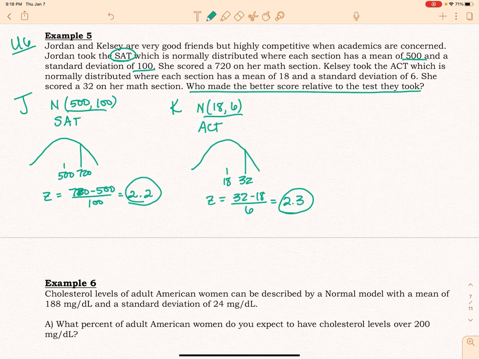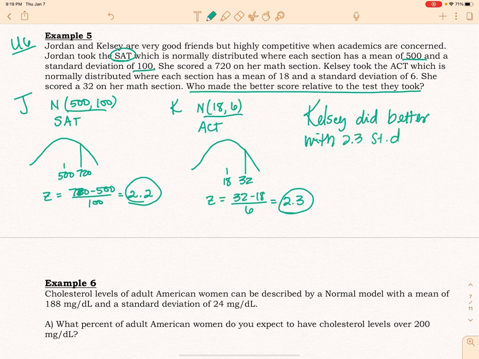So I don't forget to answer the question. That is key here. The question is, who did better? Kelsey did better with 2.3 standard deviations above the mean compared to Jordan's 2.2 standard deviations above the mean.